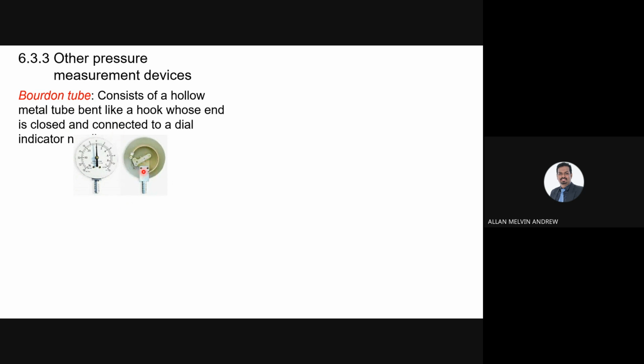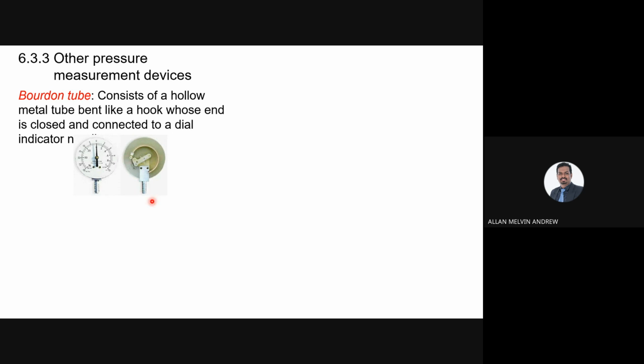Inside the Bourdon tube, we can find a hollow metal tube bent like a hook. This is actually hollow. When the pressure enters into the hollow tube inside, it will try to straighten.